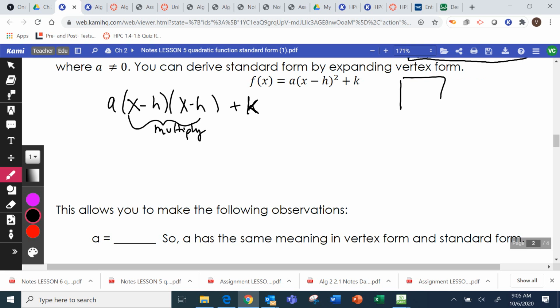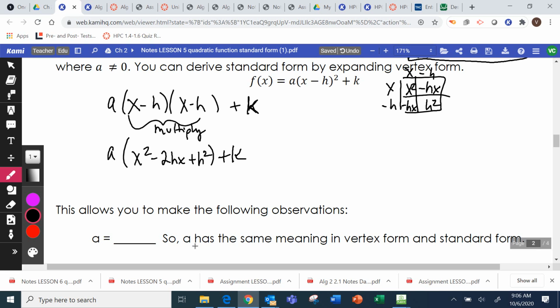If you wanted to do (x minus h) and (x minus h) as a box, you could. When I multiply that out, I get x squared minus 2hx plus h squared plus k. And then I'd have to distribute my a.